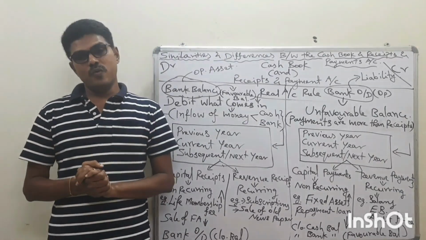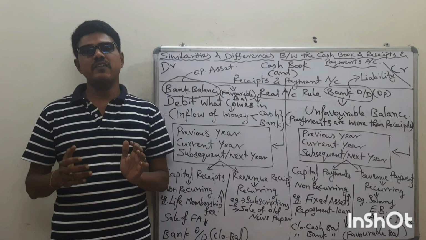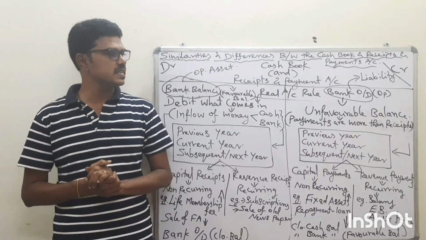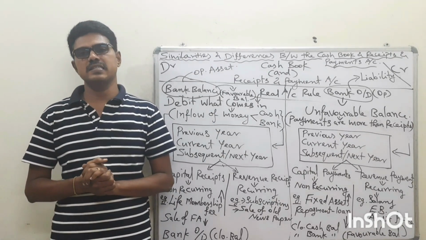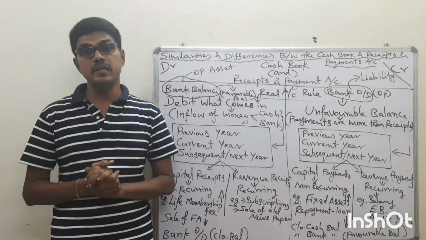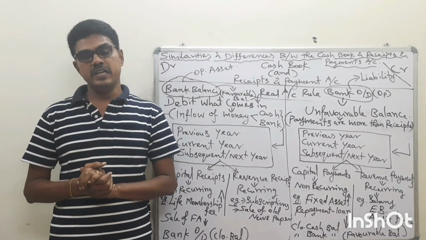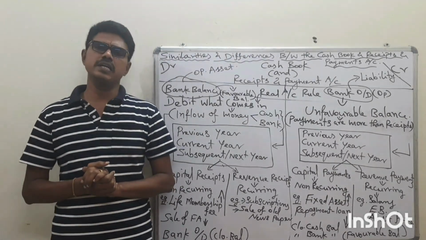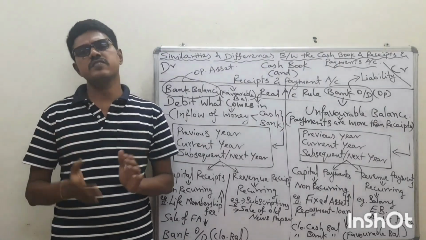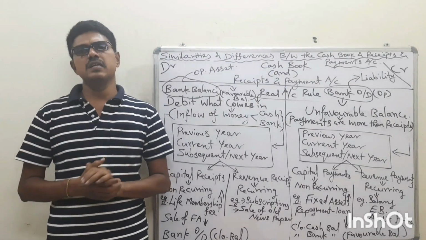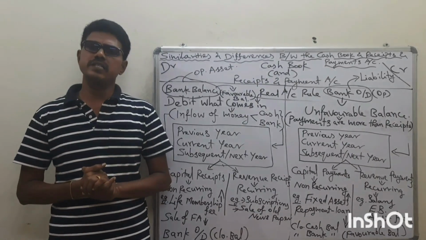What is bank overdraft? Bank overdraft is the short-term credit facility extended by the bankers to the organizations which have opened current account with them. By verifying their financial capacity and other parameters, the bankers will fix the credit limit, and the organizations can avail the facility up to the limit extended by the banker.